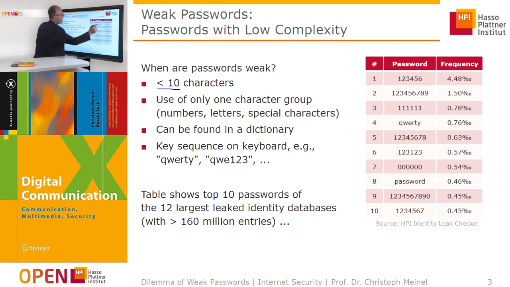So 0.5% of these more than 160 million users use the password 1, 2, 3, 4, 5, 6. You see also the other passwords, very, very simple, with very low complexity.